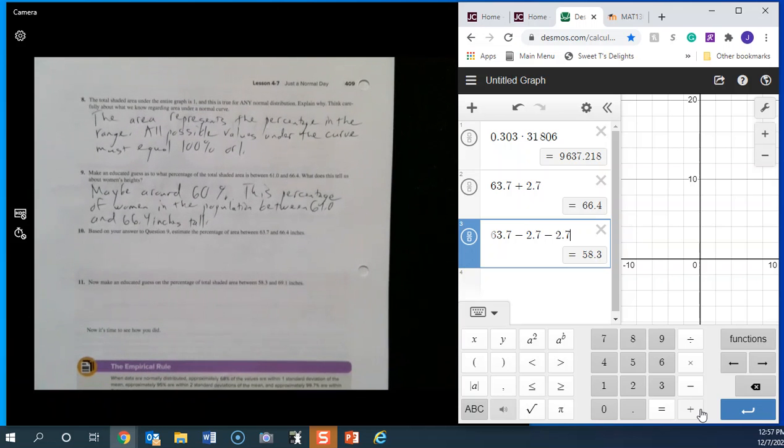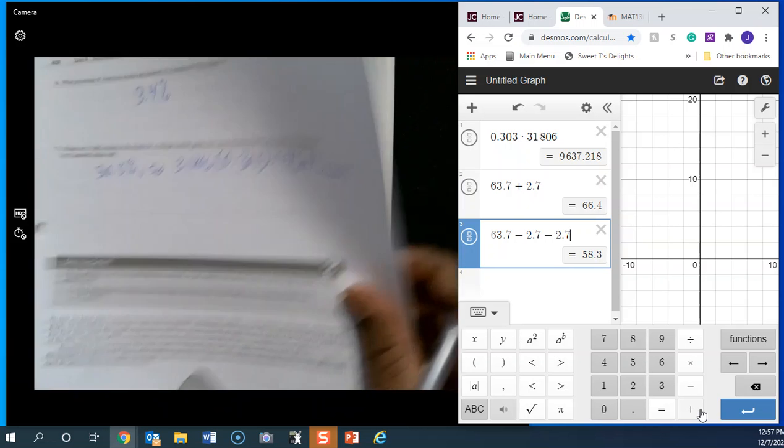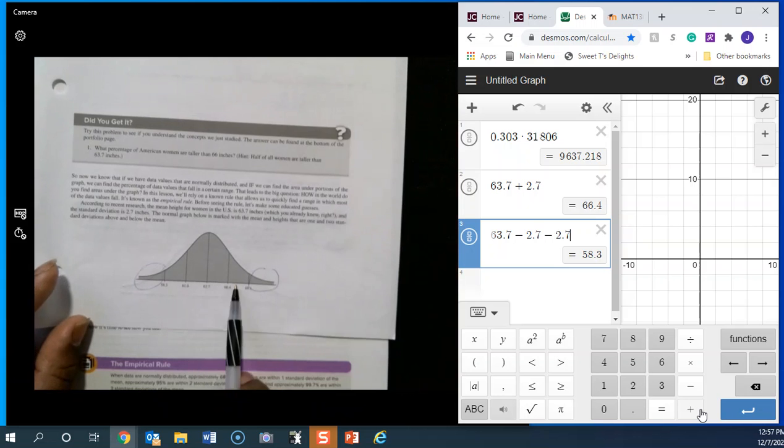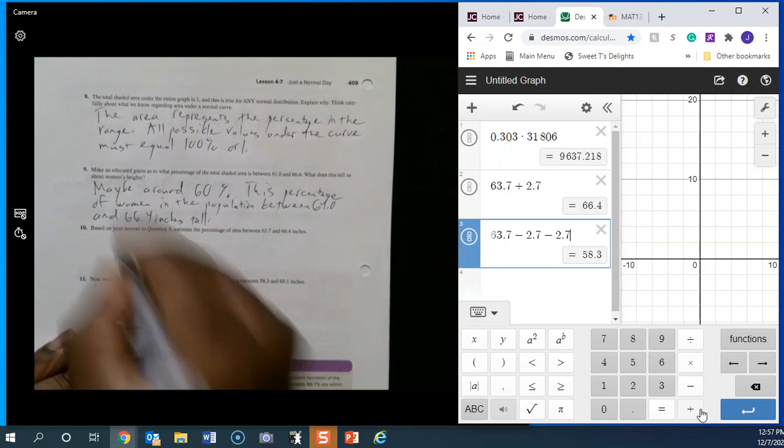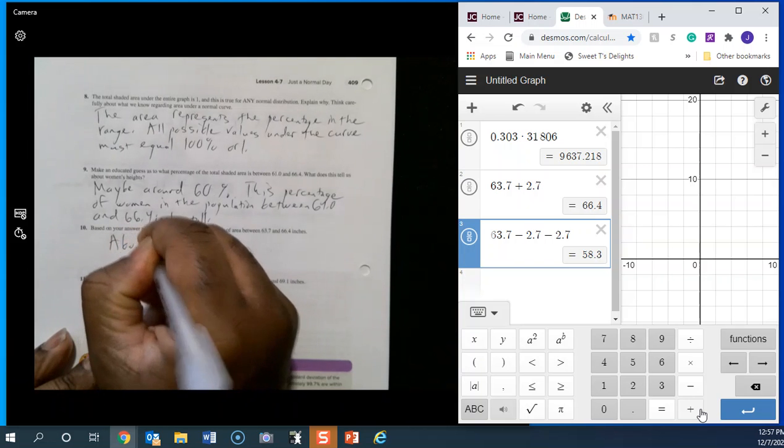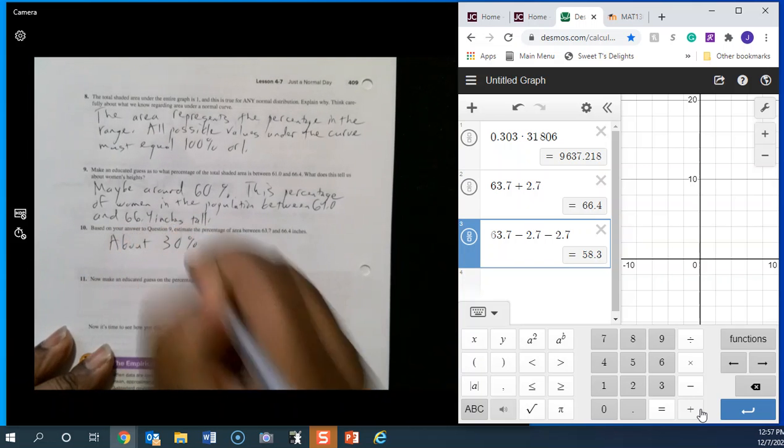Hey, number 10, based on your answer to question 9, estimate the percentage of area between 63.7 and 66.4. 63.7, 66.4. That's like halfway, so I would say about 30%.